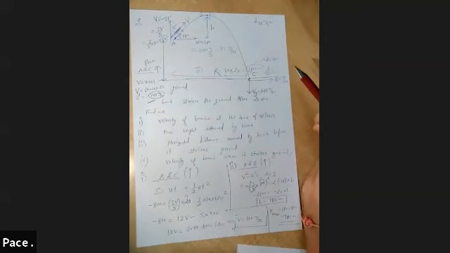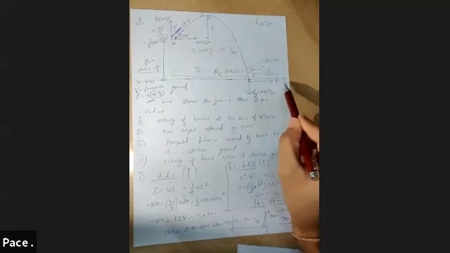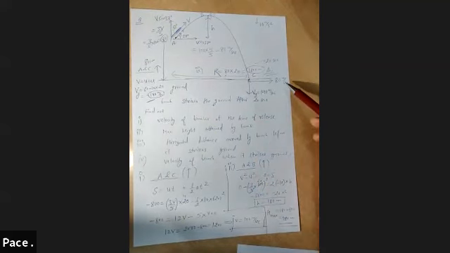So in the last part, we have to find out the velocity of the bomb when it strikes the ground. In projectile motion, the horizontal component always remains the same. So this would remain 80 meter per second.